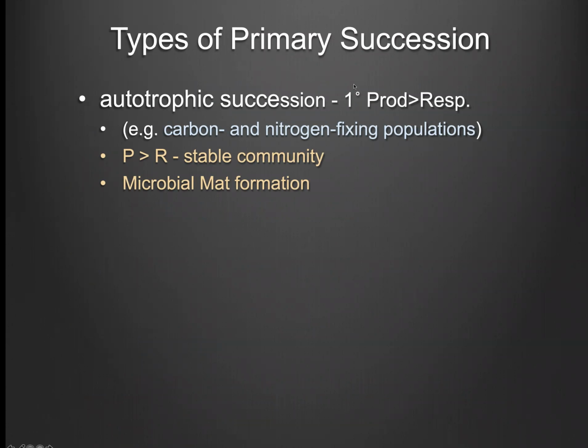So this is usually a case where respiration is greater than primary production. That makes it a short-lived community, because ultimately, what's going to happen to all of that plant material? Why is it short-lived?